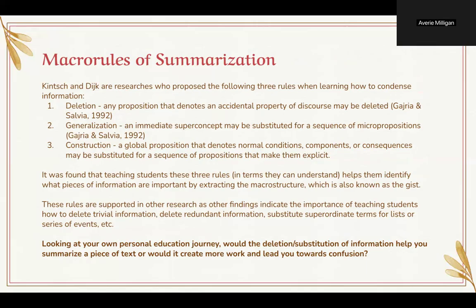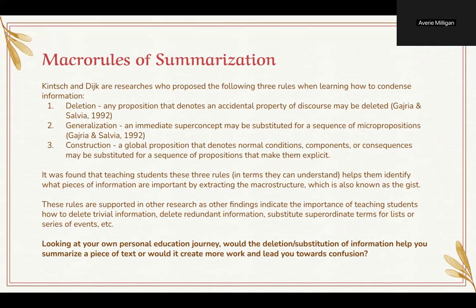They thought that generalization, which is an immediate super concept, may be substituted for a sequence of micro propositions, and that construction, which is a global proposition that denotes normal conditions, components, or consequences, may be substituted for a sequence of propositions that make them explicit, are all three rules that help in the summarizing process.